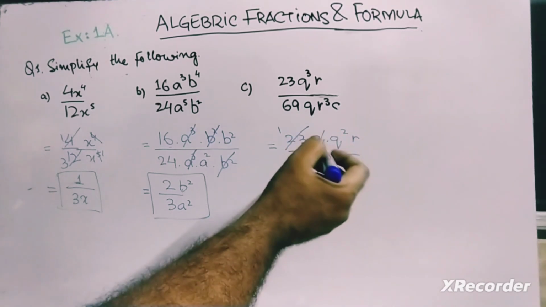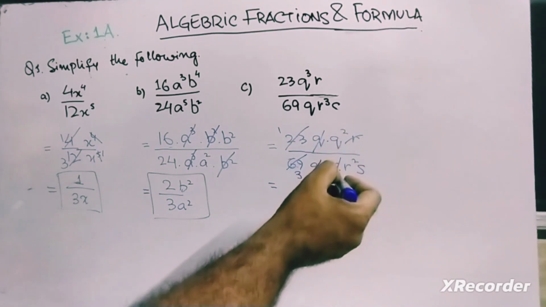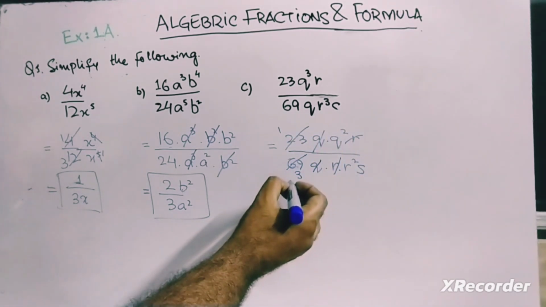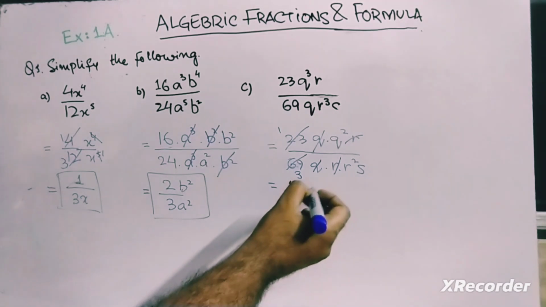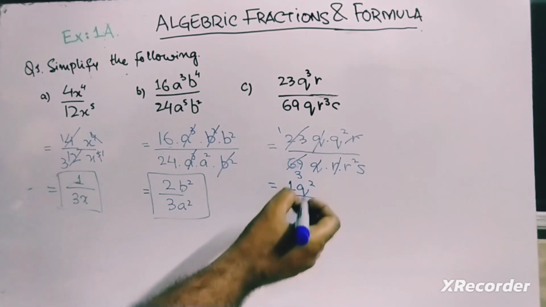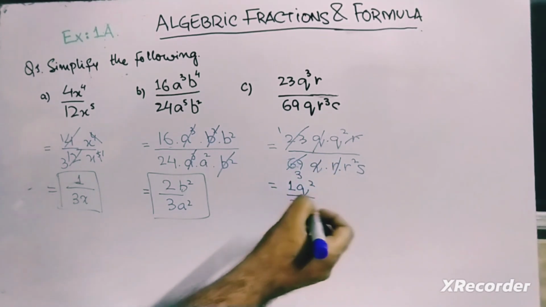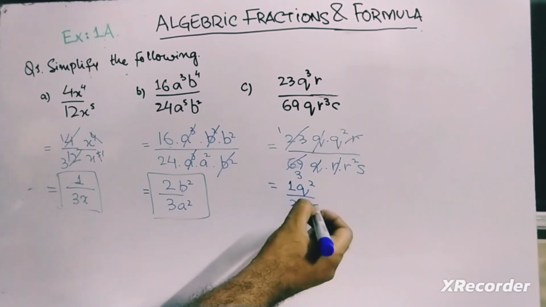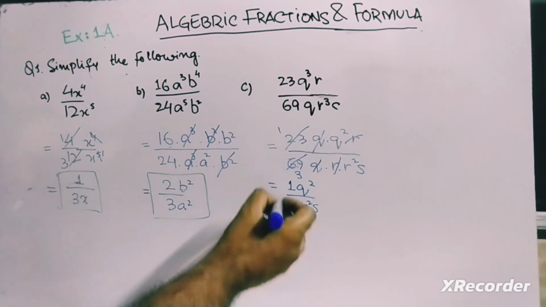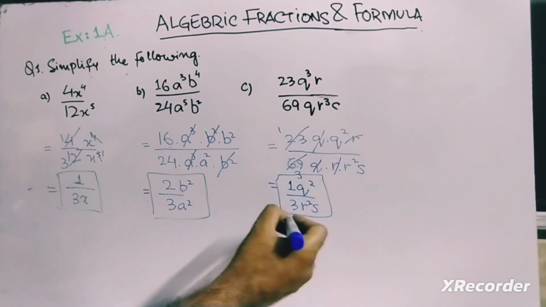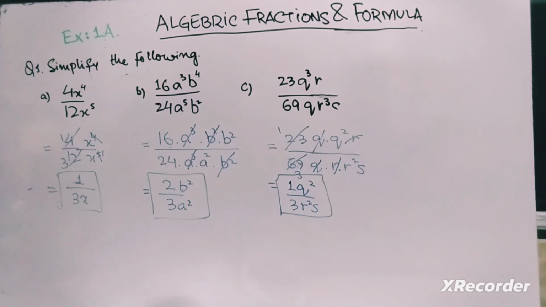So we can cut q with q and r with r. So what is left? 1 times q^2 upon 3 r s. So 1 upon 3, q^2 upon 3 r^2 s. So this is our required answer.